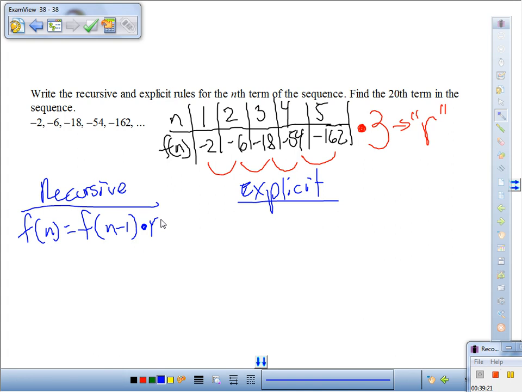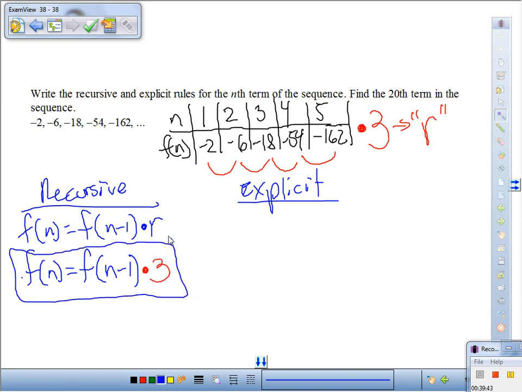Yes? So specifically for this sequence, it's f of n equals f of n minus 1, and at the end, times 3. And this is the recursive rule for our sequence given right there, specifically.